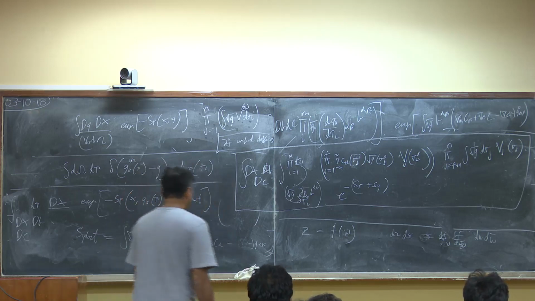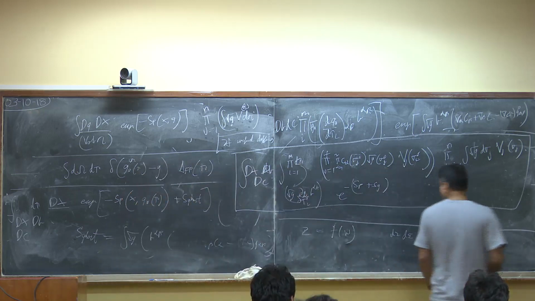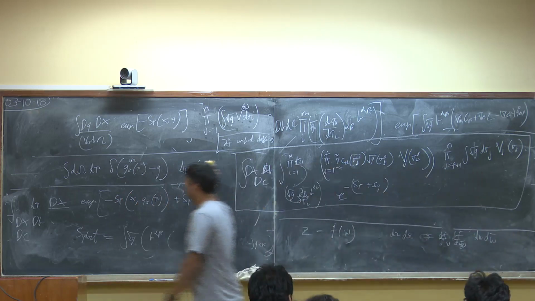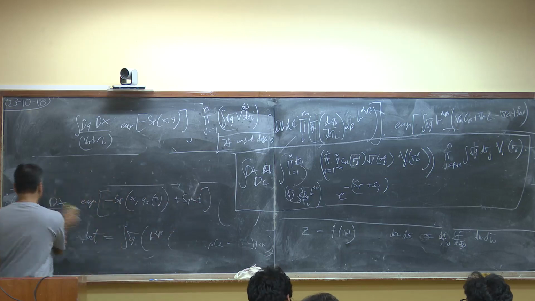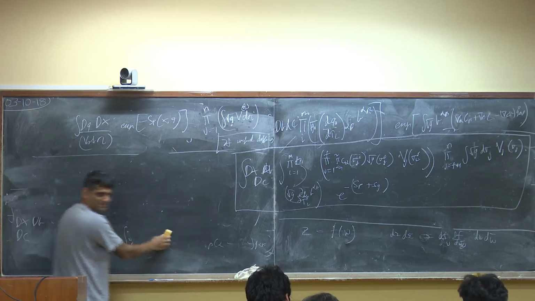So the first thing we're going to try to understand is why there were this many B insertions and this many C insertions.